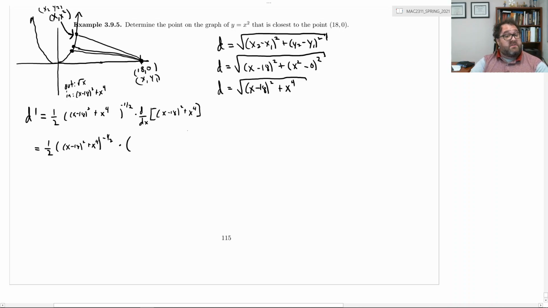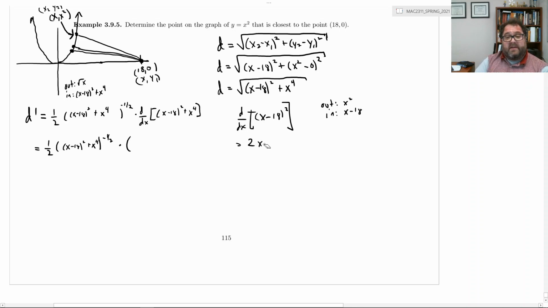okay, open your parentheses because there's a couple terms here. Now also notice that x minus 18 squared is composite. So if you want to find the derivative, we have to use the chain rule again. Okay, so what's the outside function here? It's x squared. What's the inside function? X minus 18. So this is actually a pretty easy chain rule. We get what? Derivative of the outside function is 2x.